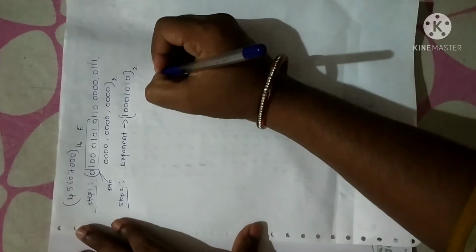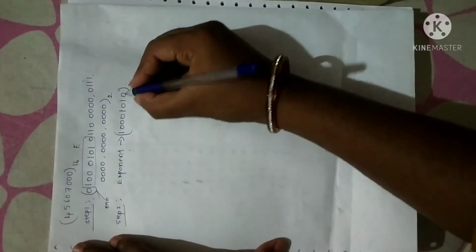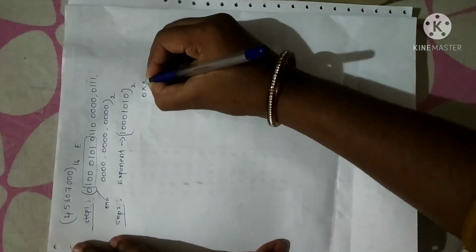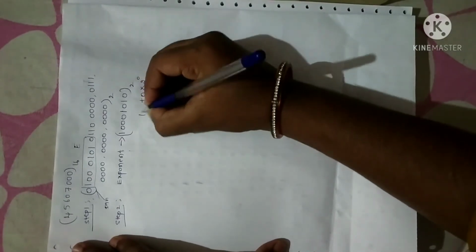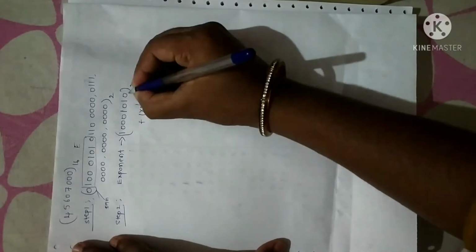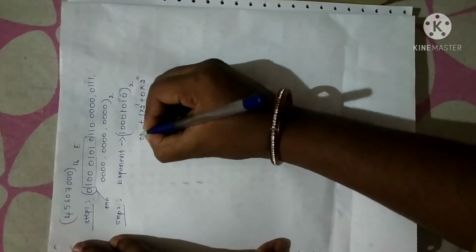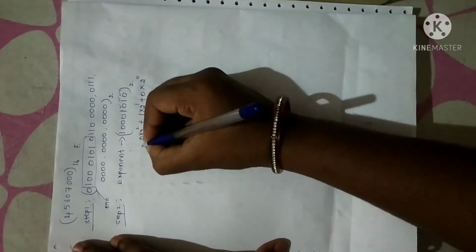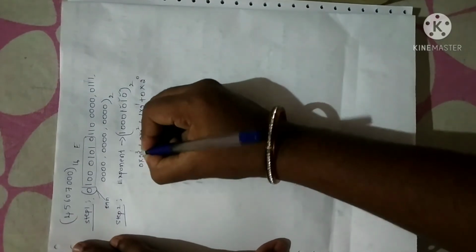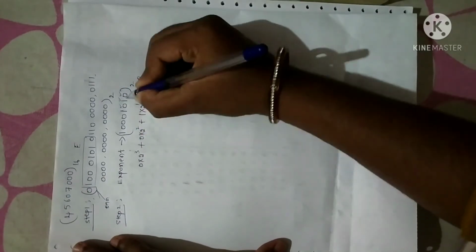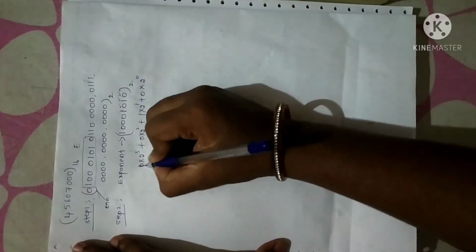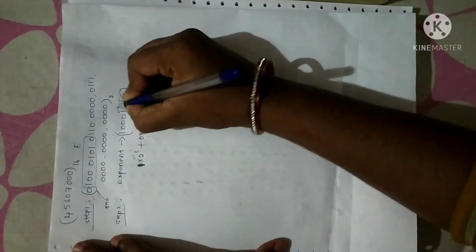I have to convert it in terms of decimal. So I can write this as 0 into 2 power 0 plus 1 into 2 power of 1, 0 I have written. So this digit is also completed, plus 0 into 2 power of 2 plus 0 into 2 power of 3, I'm sorry, 1 into 2 power of 3, so this digit is completed.